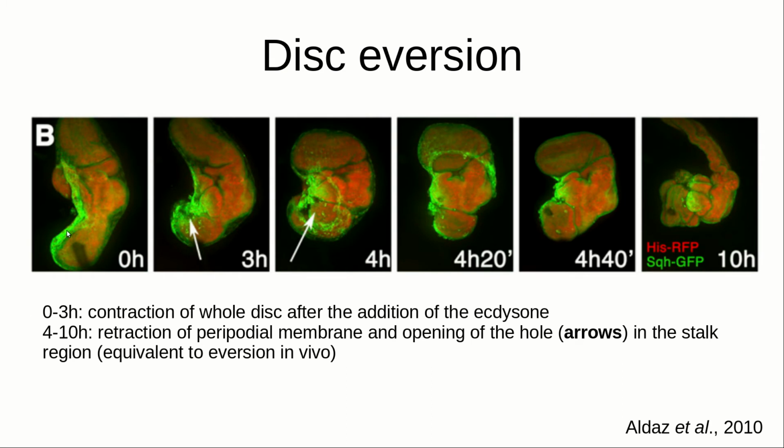In green, myosin is labeled. So as you can see, myosin bands contract here, and then a hole forms and the wing disc emerges through this hole.